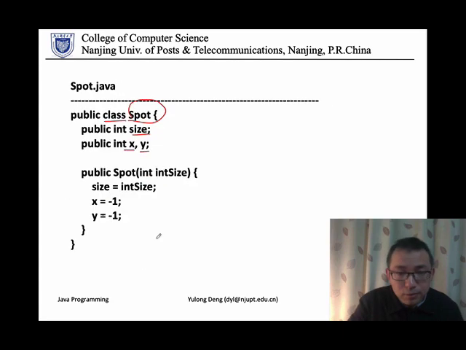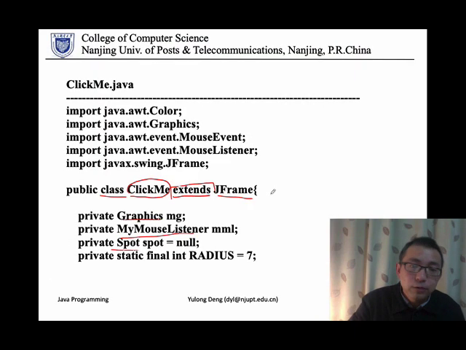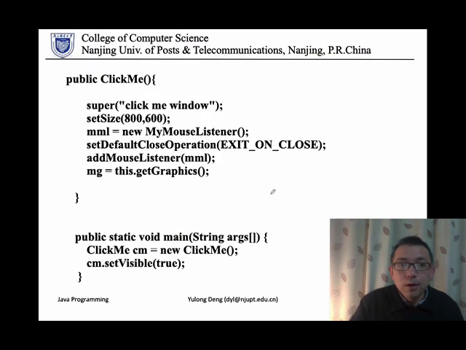And the very important thing: because this relationship is composition, that means inside this code we have statements to create the objects for the spot, for the mouse listener and for graphics. For example, we have these statements.